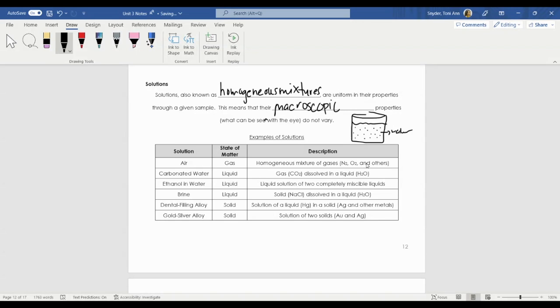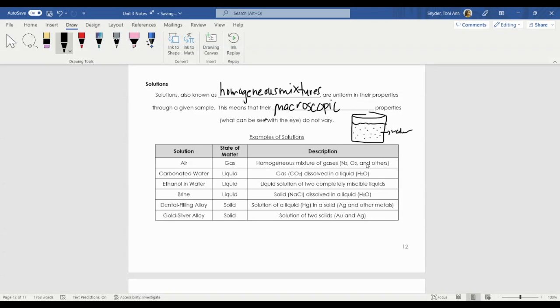When you take a breath, every breath should have the same exact concentration of all of those molecules because they're equally distributed. Carbonated water is another example. If you buy a seltzer right before you open it up, all of that carbon dioxide gas is evenly distributed in the liquid water.